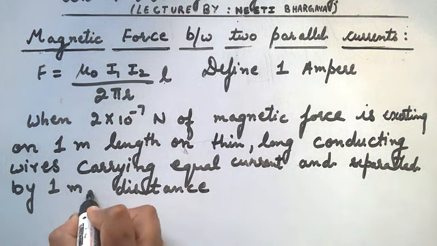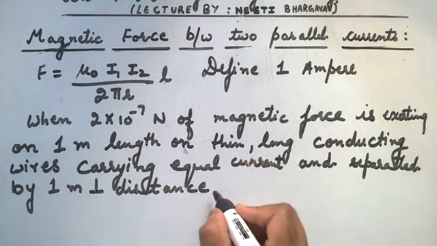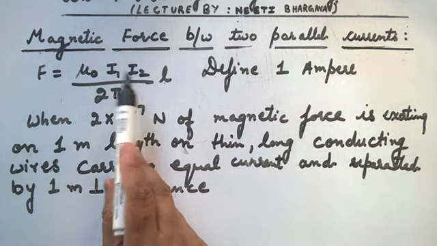This is perpendicular distance, we can say, and these two wires are placed in vacuum.